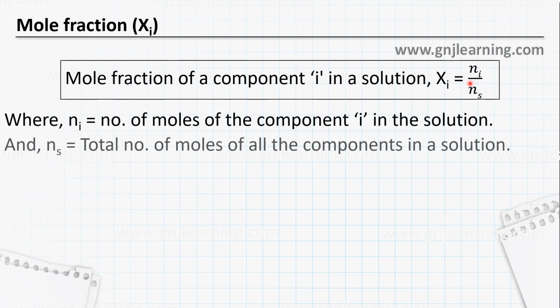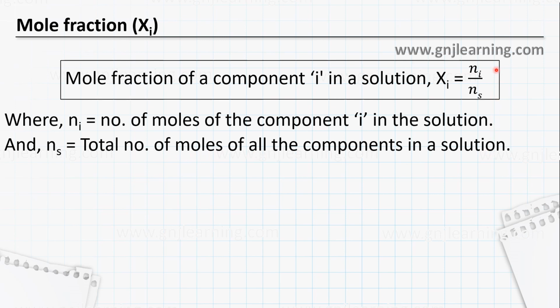We are trying to determine the mole fraction of a particular component I, and Ni is the number of moles of that component in the solution. And Ns means total number of moles of all the components in the solution.